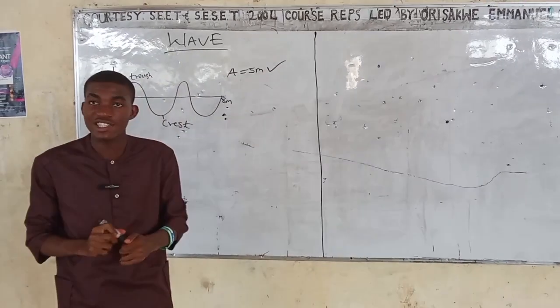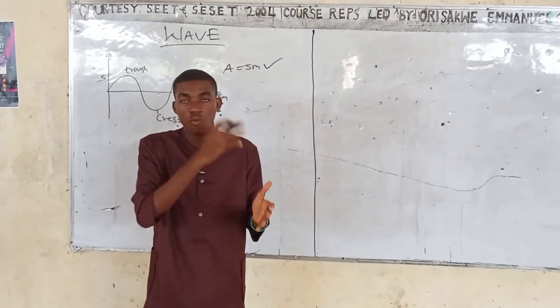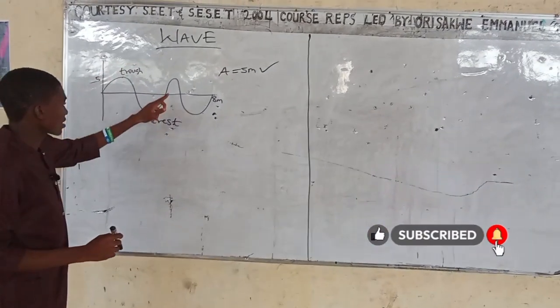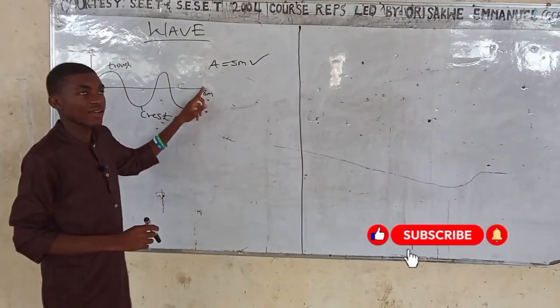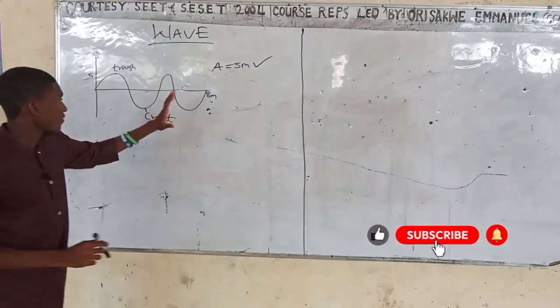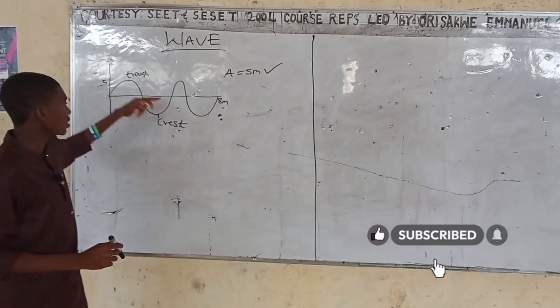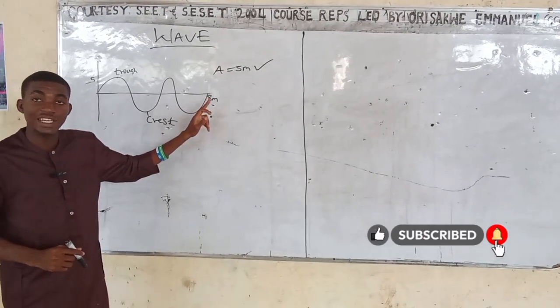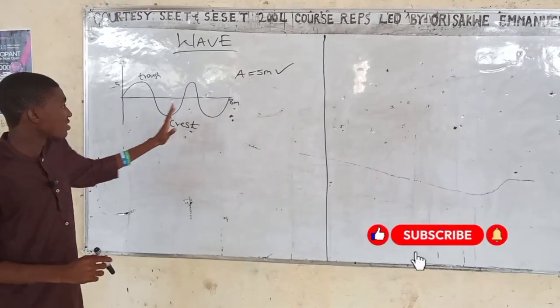Now, to calculate our wavelength, it is the distance of one cycle. This is from trough to crest. This is one cycle and this is another cycle. So this graph has two cycles, from here to here, 1, and from here to here, 2. I want to find the wavelength of this graph.